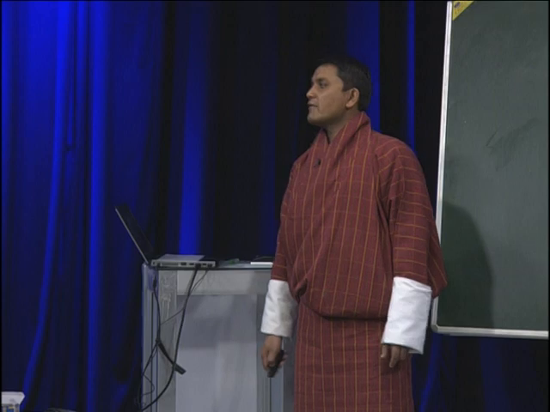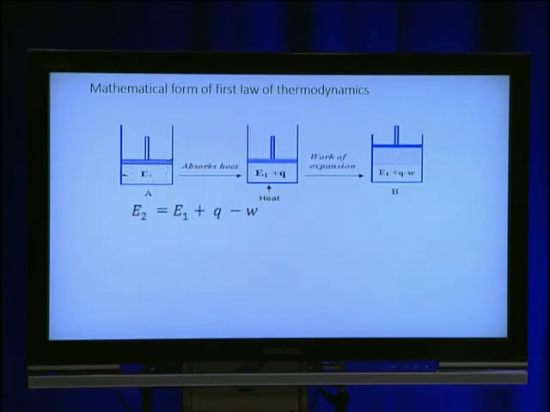Let's look at the mathematical form of the first law of thermodynamics. Let's say we have a cylinder of gas with the internal energy E1. Let's say that this cylinder of gas absorbs heat Q. Now the total energy in the system will become E1 plus Q. After that, this system does work, let's say expansion, spending some of the energy.